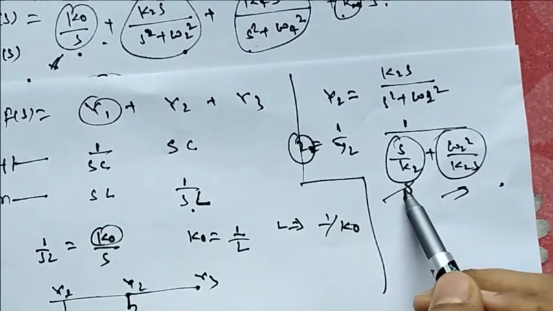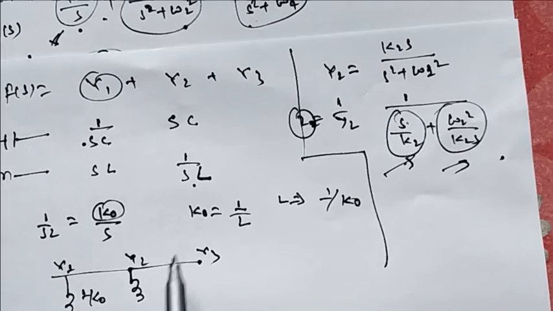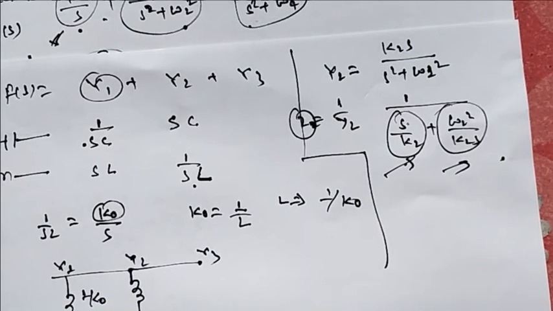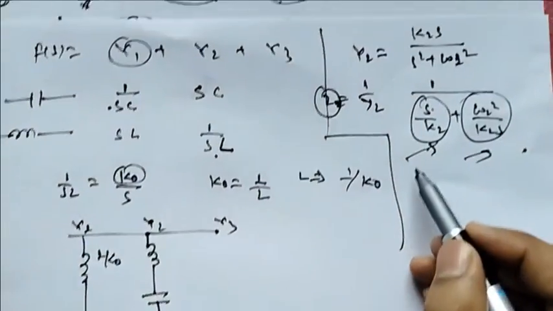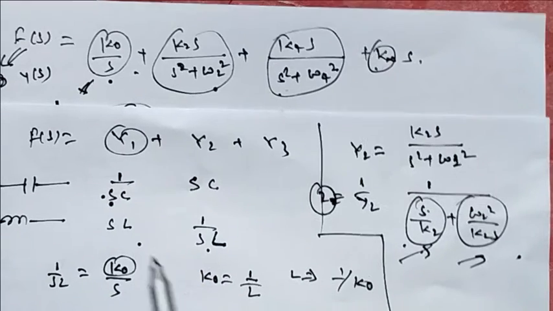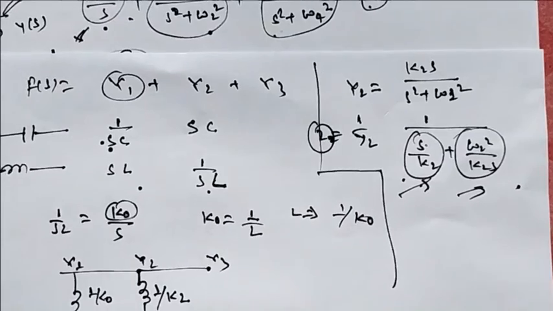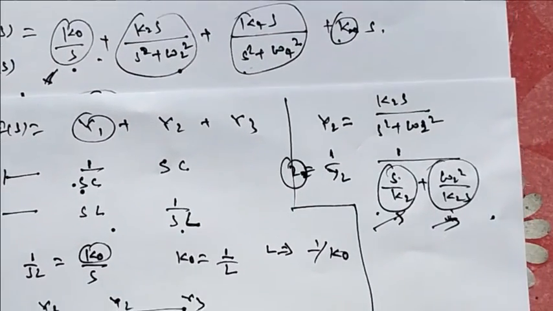If I add it and compare it with this one, the first inductor and capacitor are added in series, and this is your parallel combination. If I compare with 1 by SC or SL, then the inductor value is going to give me 1 by K2, and what will be the capacitance? This is 1 by S omega 2 square by K2.